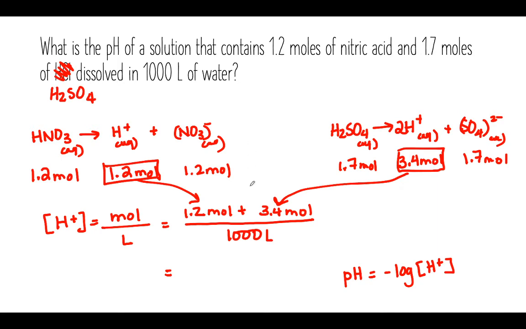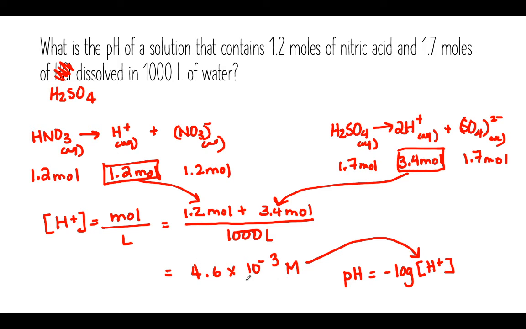Right? So my answer is 4.6 times 10 to the power of negative 3 moles per liter. Right? Remember that the big M could mean moles per liter. So I'm going to take this value here and I'm going to substitute it here to solve for my pH.